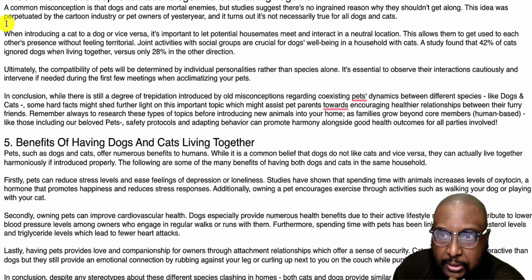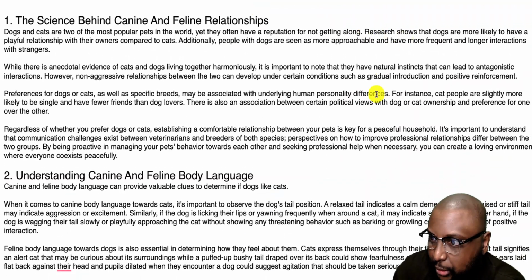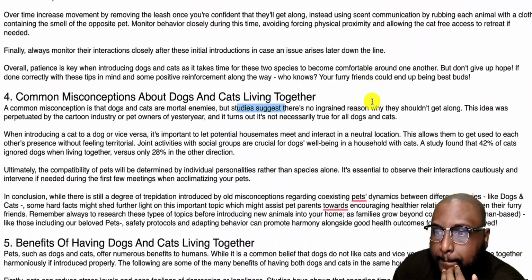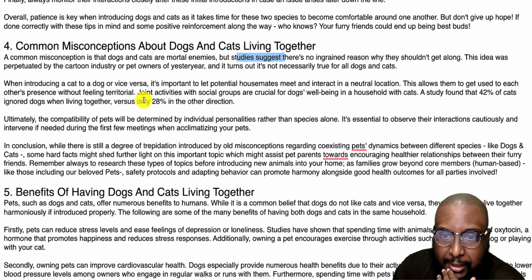Common misconceptions, right? Common misconception is that cats are mortal enemies, but studies suggest, again, it's referring to studies, and it did that here too. Research shows, let's see, some facts and data. Let's see what it says here.